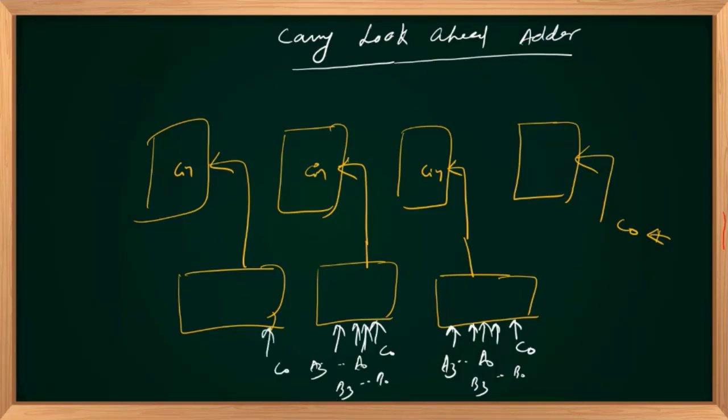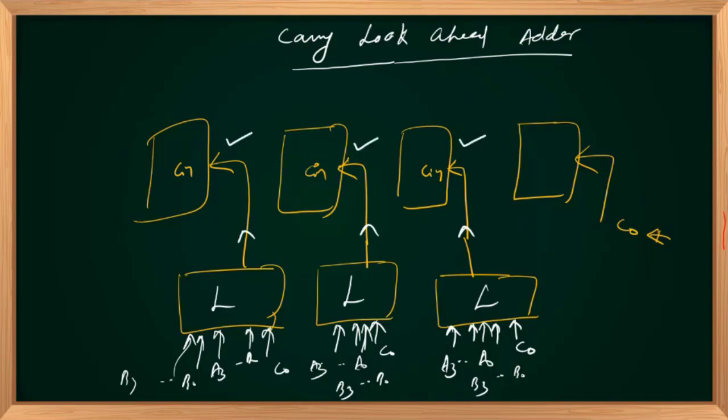Here also carry, first carry in, then A0 to A3, all A digits, followed by B0 to B3. So we'll use separate logic to produce carry out or carry in for the higher stages.